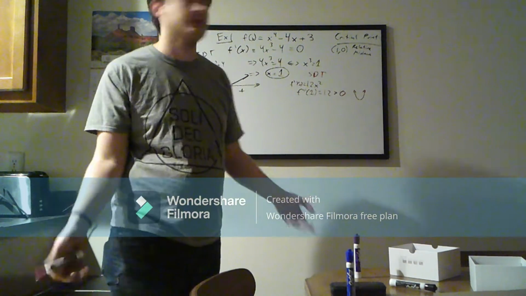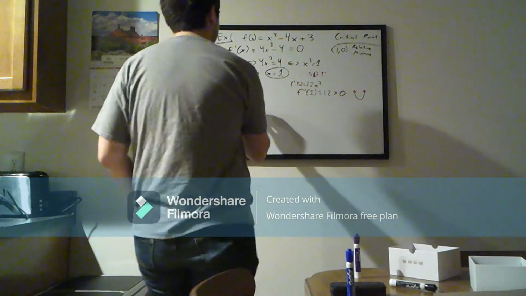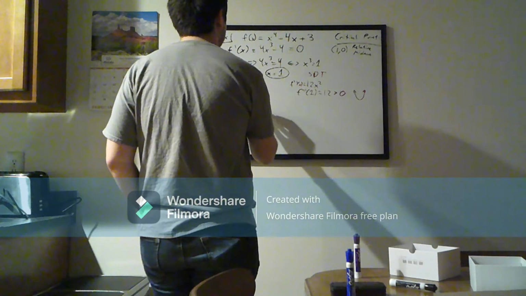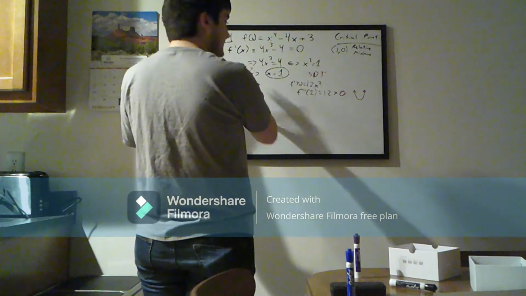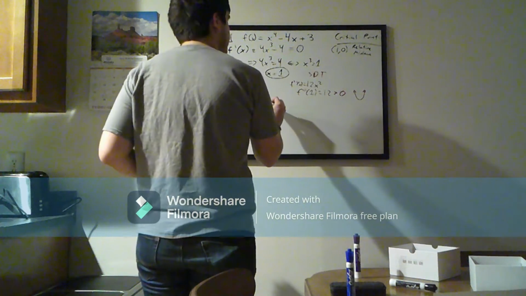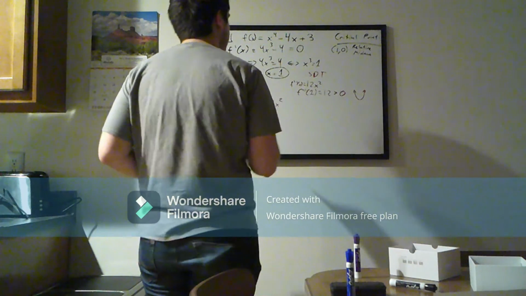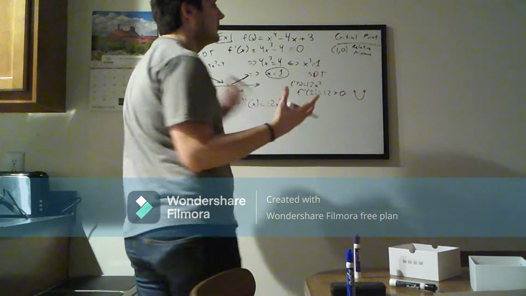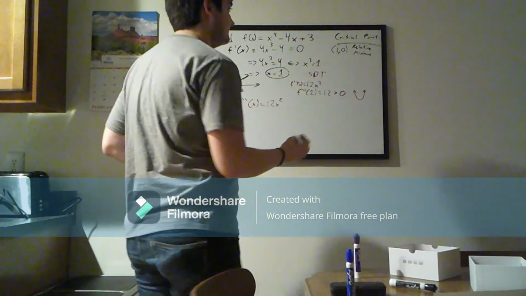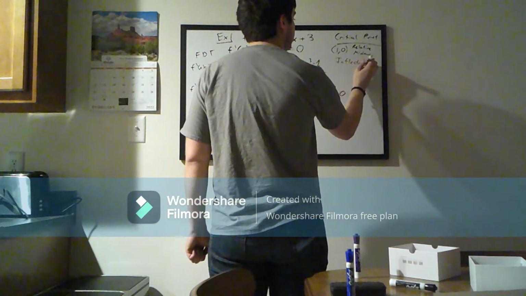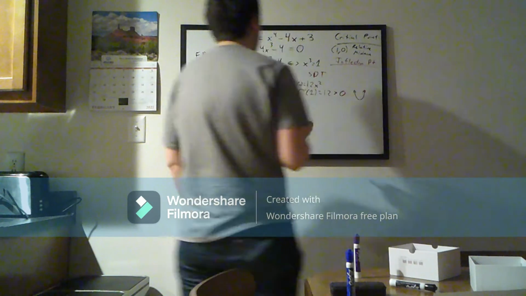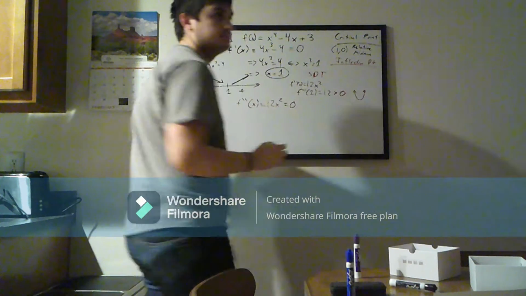That's our critical point. So let's move on and do the second derivative, which we found over here, but you may not have, depending on if you did the first derivative test. But f double prime of x, regardless, is 12x squared. And now, to figure out my inflection points, I'm going to take this and say it equals 0.